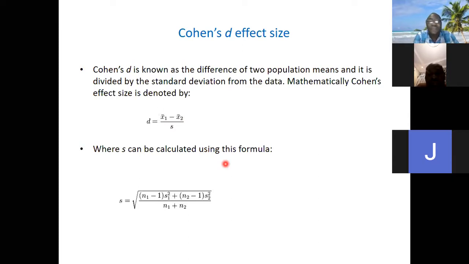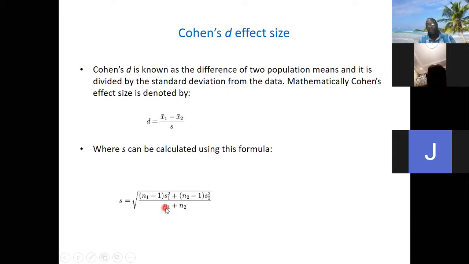The one that is biggest will be number 1, so X1 will be the bigger one. So it is the difference between them divided by the standard deviation S, which you can calculate.